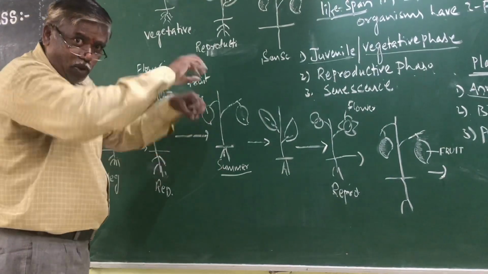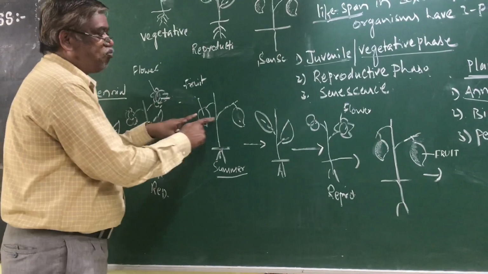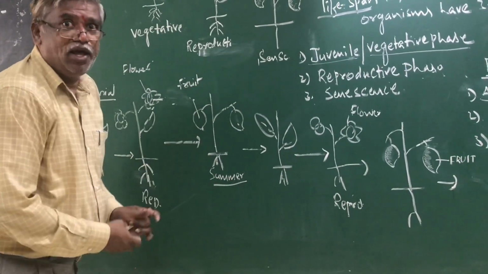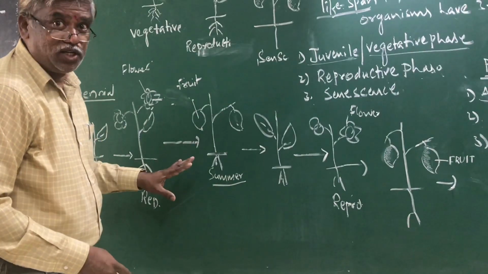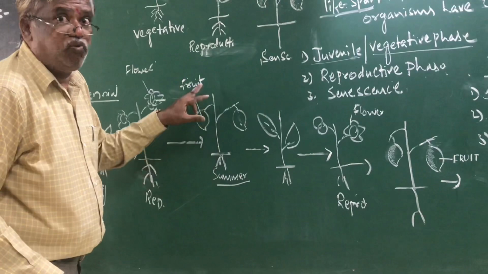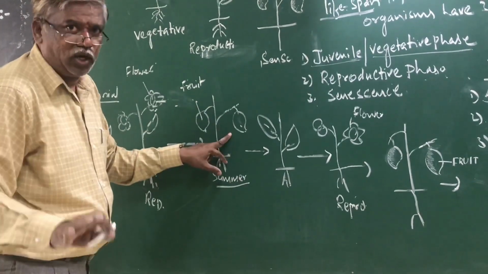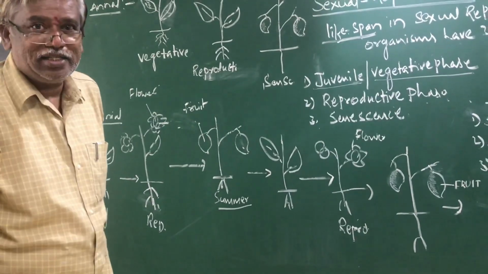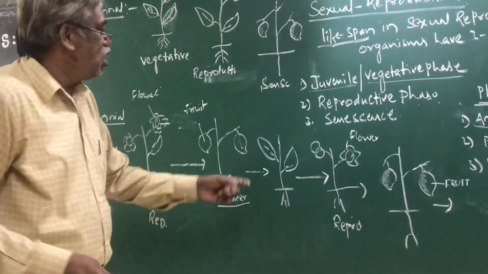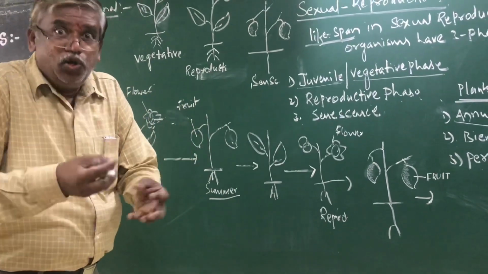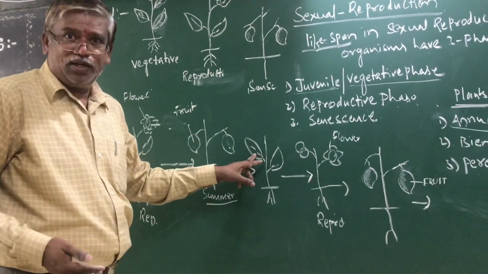After pollination, the flower becomes fruit, but the leaves are falling in summer. That means, what is the phase, I can say later. Now there is no flower, the flower has become fruit. Next, again the rainy season comes. Again new flowers, new growth takes place.